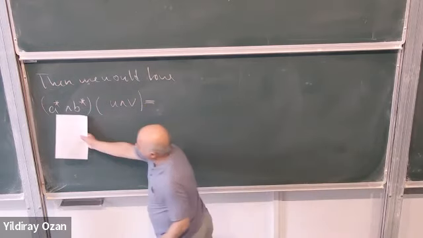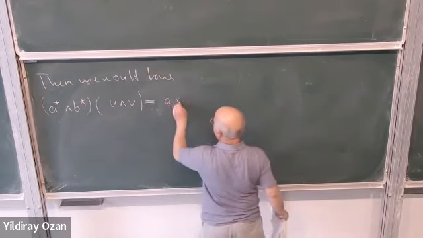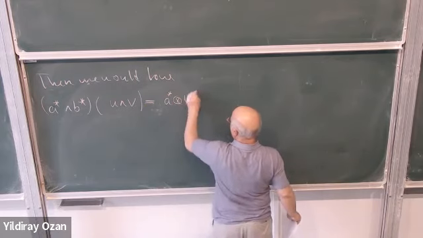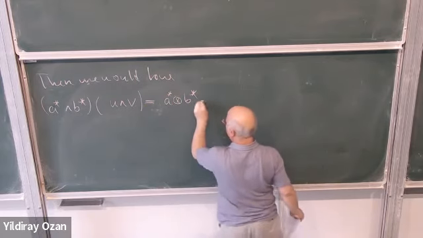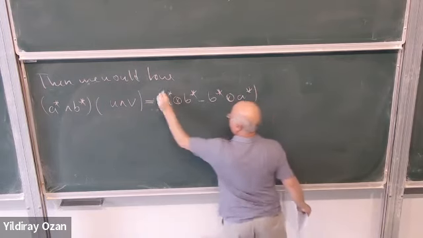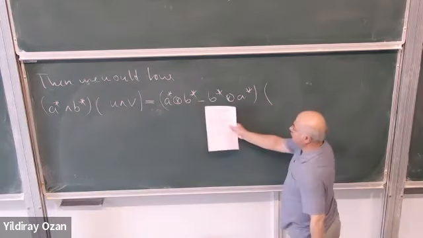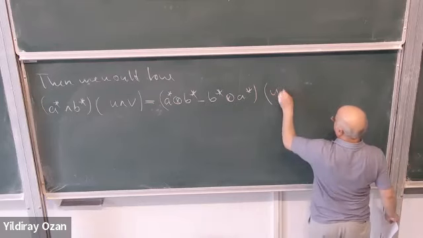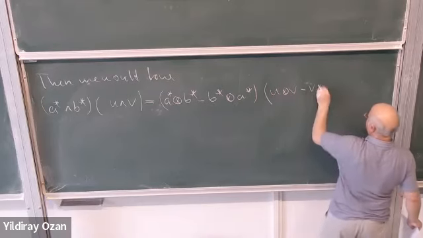Well, what is this? It is a tensor. This is just A star tensor B star minus B star tensor A star. And this will act on U tensor B minus B tensor U.